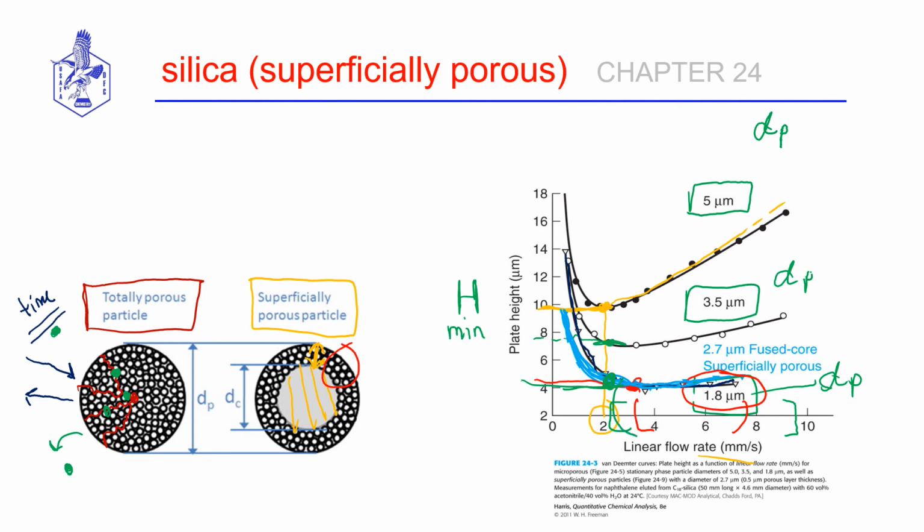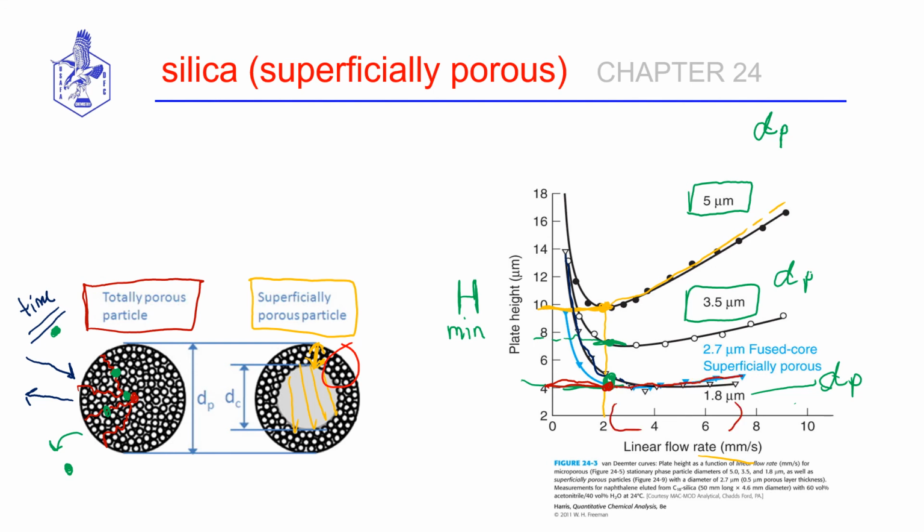There's our minimum H right here, and it's consistent over these. Let me clear my writing so we can see what we're looking at. Okay, so my minimum H is here, but notice that it's low for this entire range of flow rates.